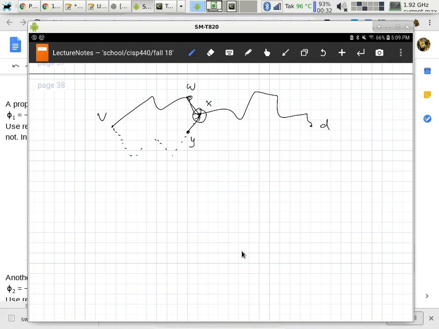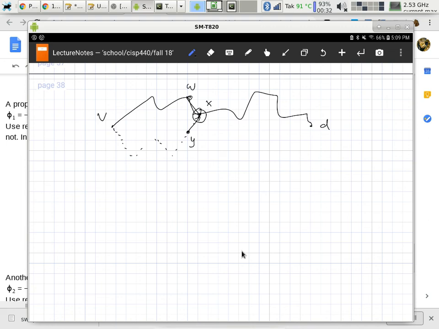And we know that the destination itself was the only element in Q originally. So that means X has to be in Q at one point or another. So if X is in Q at one point or another, it has to look into W and also Y. Is that making any sense?